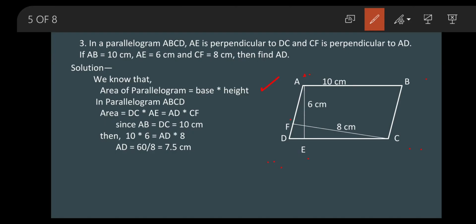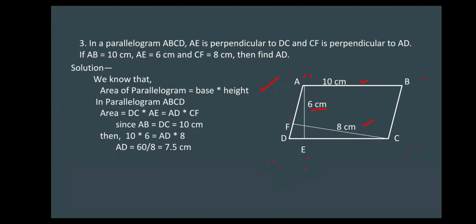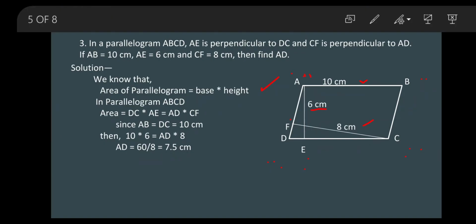We have measurements AE is equal to 6 cm, CF is equal to 8 cm, AB is equal to 10 cm. We find the area of the parallelogram in two different ways and both are equal in value.